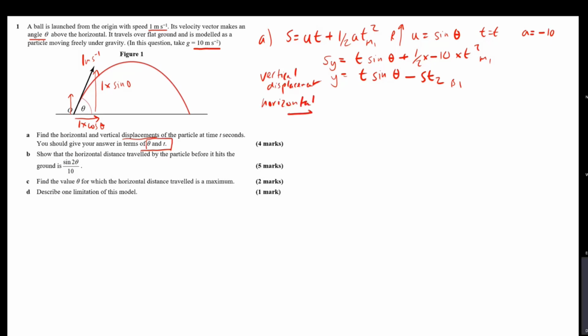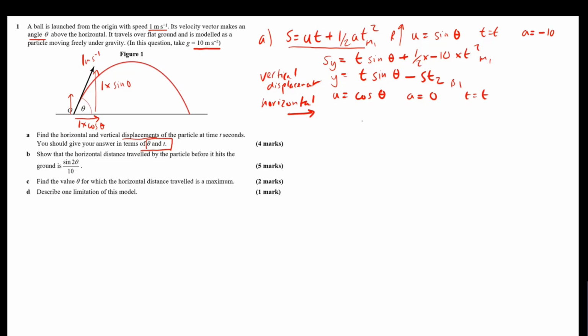Now, resolving this way, we've got u equals cos theta. Now a, well, that's acting down, so a is 0 here, correct? T is still t, and we still use what we have here.